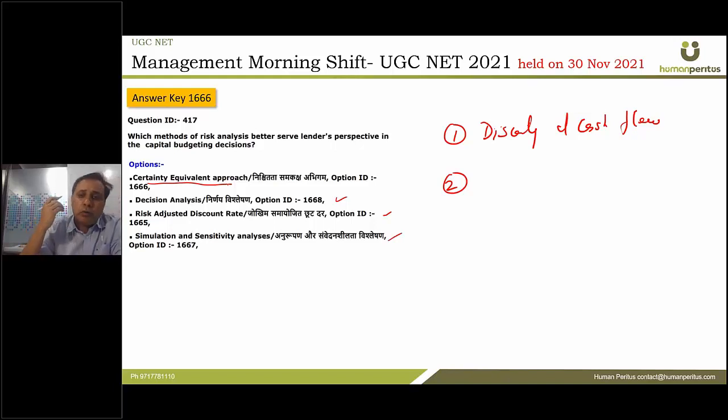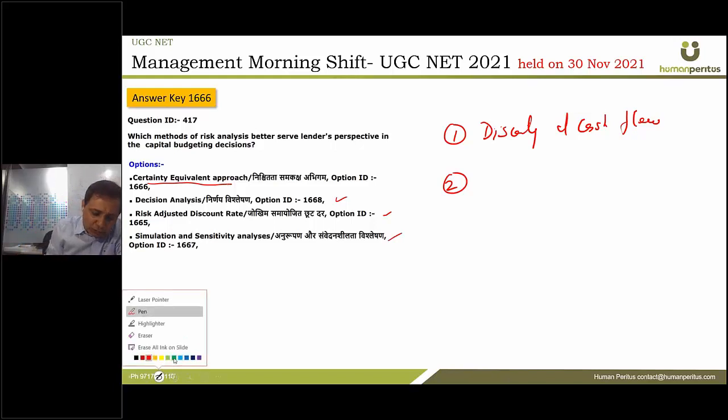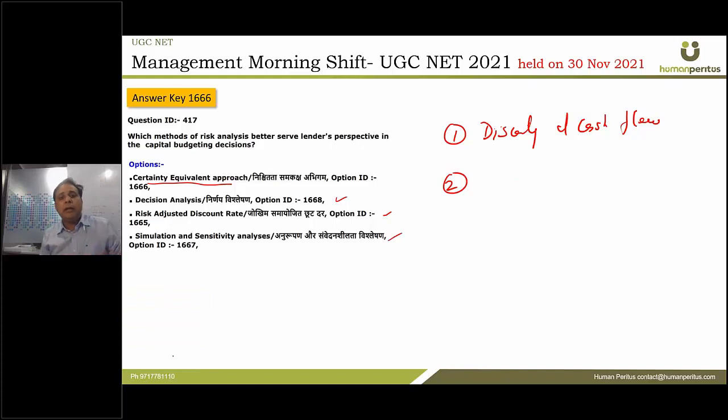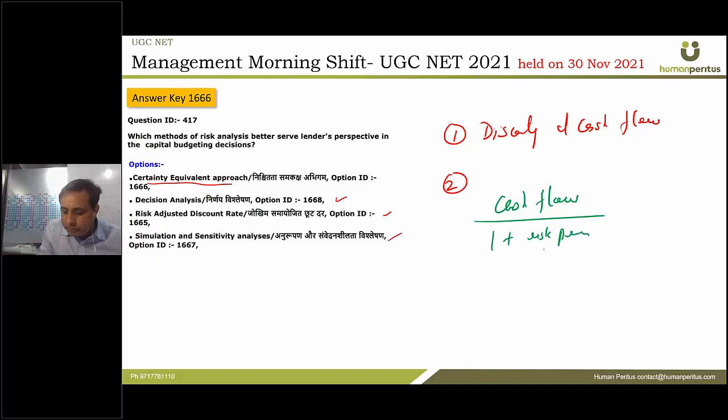So guys, whatever cash flows we are getting, we scale them down based on the risk. For example, if a given cash flow is there, I scale it down with a factor of risk premium. This risk premium comes from the difference between the risk adjusted rate of return minus the risk-free rate.